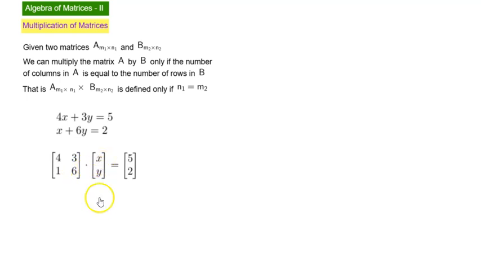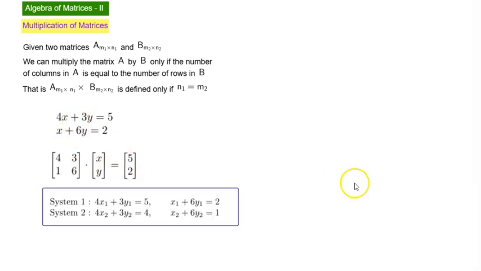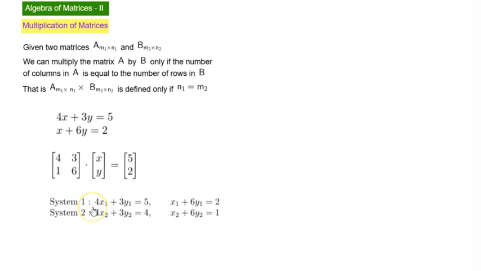So if you notice, x and y form a single system of equations. If we have two systems, system 1 is 4x1 plus 3y1 is equal to 5, x1 plus 6y1 is equal to 2. That is our system 1, what was already there.